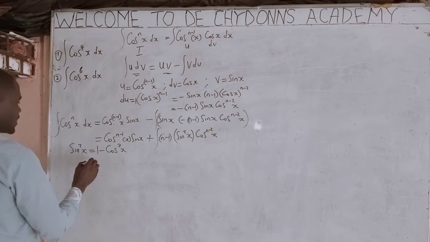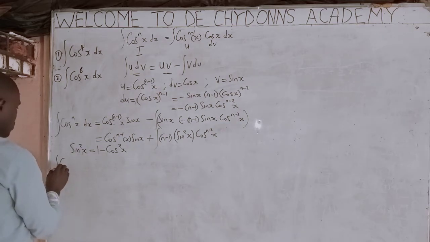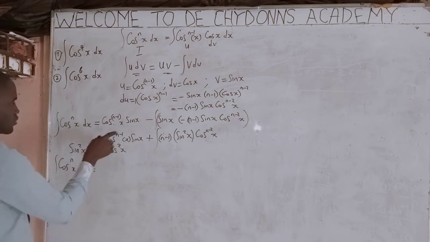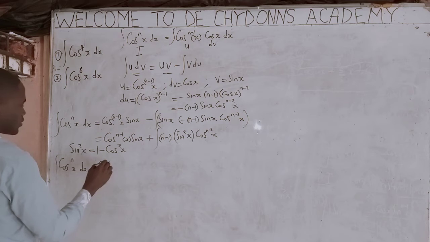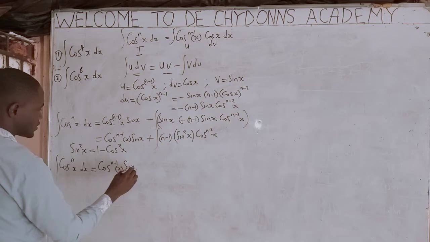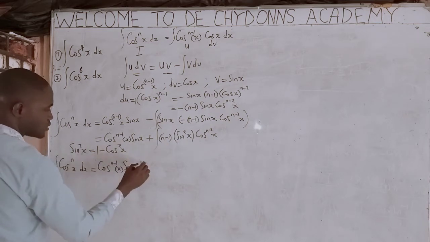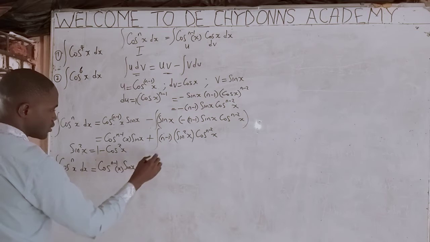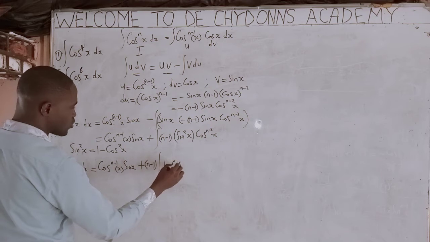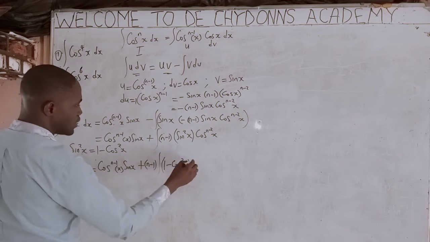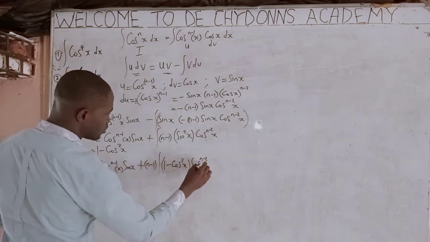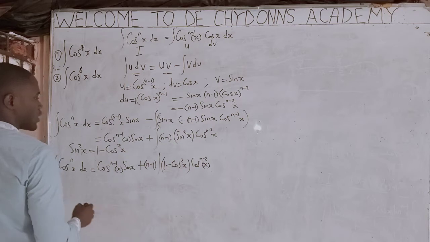So integration of cos power n x dx equals cos n minus 1 x sin x plus, bring out n minus 1, integration of sin squared x, that is 1 minus cos squared x, then cos n minus 2 x.